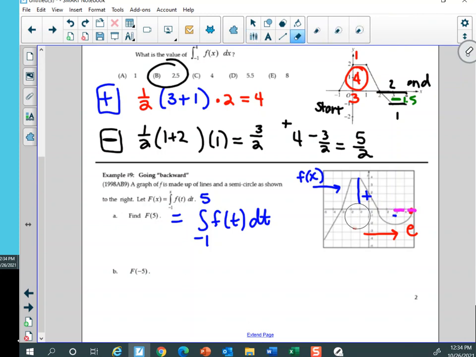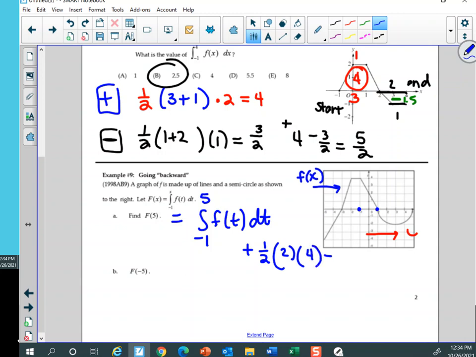Now, if I get rid of that for a second so I can see what's going on, it looks like the positive part is a triangle, going from here to here, with a base of 2 and a height of 4. The negative part, it's telling us, is a semicircle, so half a circle.